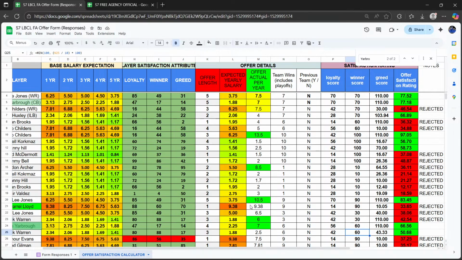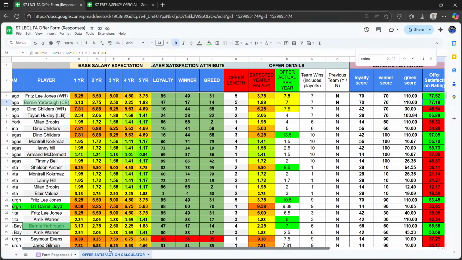The difference here is Chicago on winner, Chicago on loyalty, and Chicago on greed. Wait, 4 by 7? Oh, you used your bonus too. 66 to 77. I mean, here we are.